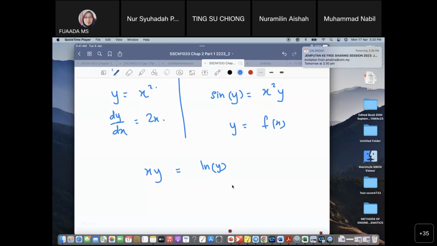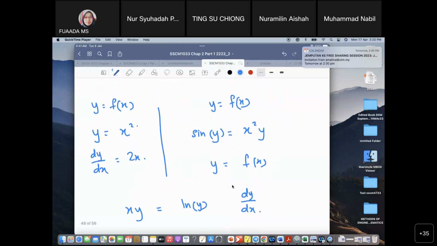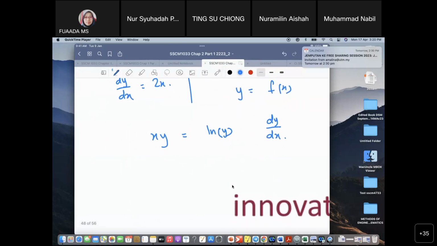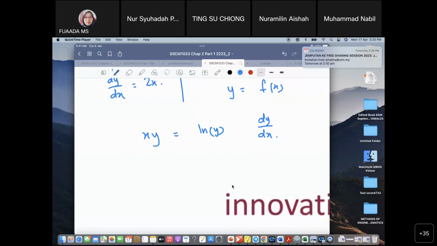So dia suruh you cari dy over dx. So kita tak boleh tulis dalam bentuk macam ni. Jadi kita terpaksa implement the method of finding the derivative of the implicit function. So kalau you masih ingat, I'm sure that you have seen this before. If you have the implicit function, what you have to do is differentiate term by term. So differentiate the first term with respect to x.